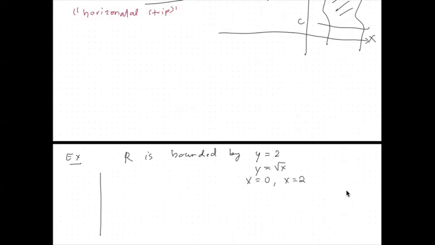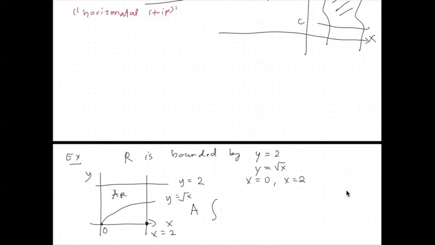So if you draw that, this is your x-axis, your y-axis, y is equal to 2 is this, and y is equal to square root of x is something like this, and then x equal to 0 is just this one, and x is equal to 2 is just this line. So the integral that will give you the area of the region is the integral from 0 to 2. The upper function is 2, the lower function is root x, with respect to x.